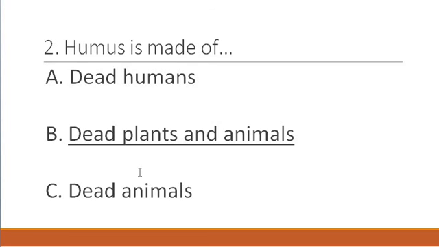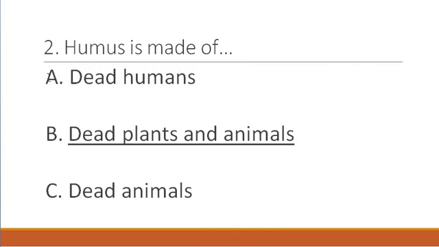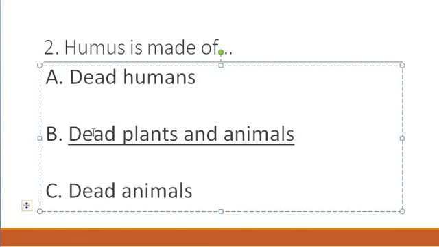You select, suppose, option C, that sir, obviously dead animals are also part of making the humus. But the correct option is option B, because with the dead plants and animals, both, the humus is made.